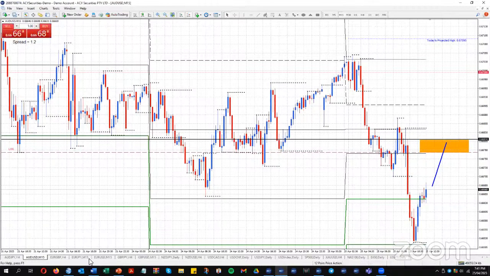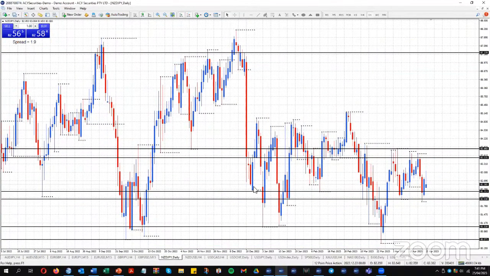All right, moving on to New Zealand crosses. Now this has been very consolidatory, the New Zealand yen. However, it has been offering nice shorting opportunities up at 63.53 here.